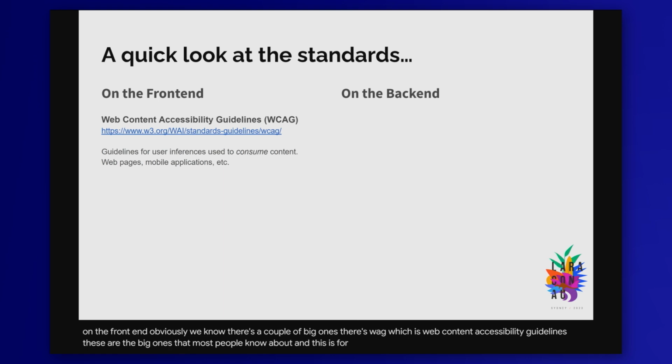And this is for interfaces which people have to consume content through. This is where your semantic HTML and all of your color contrast and all of that type of stuff comes in. It's for people to be able to access and consume your content.